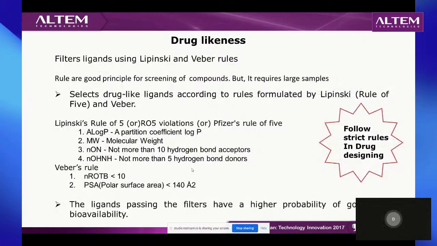And drug likeness, of course, is a more important property of drugs, which you can calculate very easily by introducing Lipinski's rule of 5, where you predict the logP value, molecular weight, number of acceptors and number of donors. Along with that, you'll be introducing Veber's rule. So these are all the properties of drugs. I could say that when your drug obeys these properties, then definitely it will have good oral bioavailability.